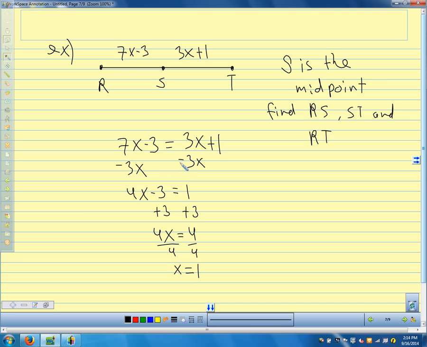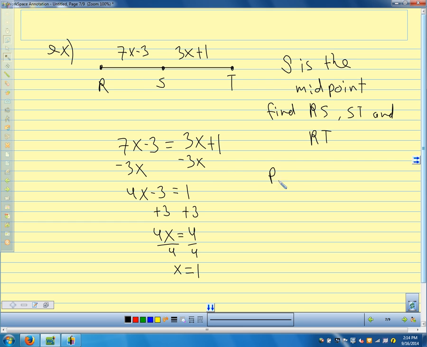So we have to have an equals in there somewhere. For midpoint, the equal sign comes because the two are the same. If they're the same, they have to be equal. So for midpoint problems, you're going to set the two pieces equal. For segment addition problems, you're going to add the two smaller pieces and they have to equal the whole thing together. Okay? All right, so we have to substitute this back in.